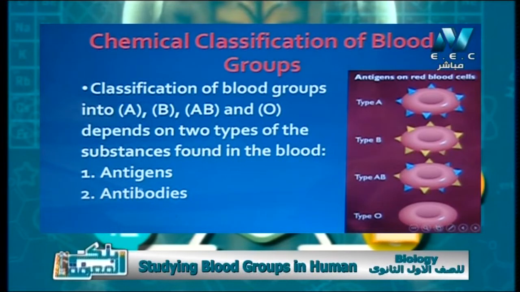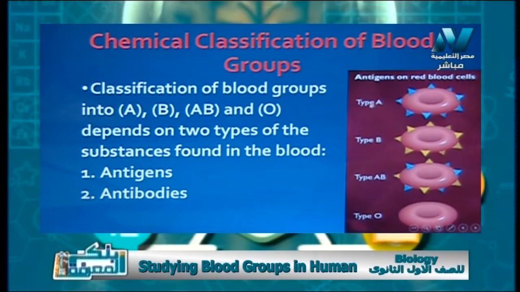But let us speak about another substance which is present in the blood. The other substance is the antibodies. The antibodies are present in the plasma of the blood. So the person who is blood group A has antibodies in his plasma against the different type of antigen. So he has antibodies against the B antigen.